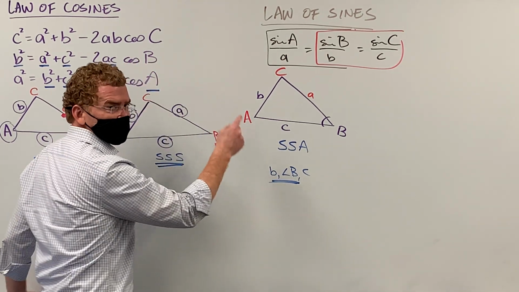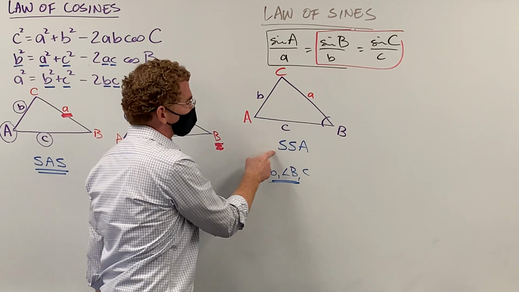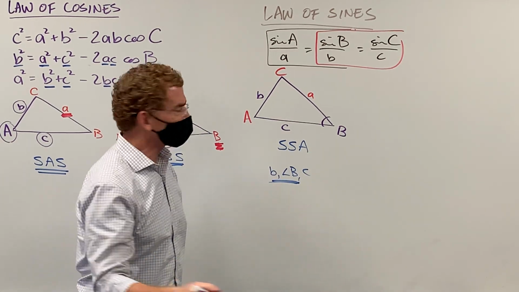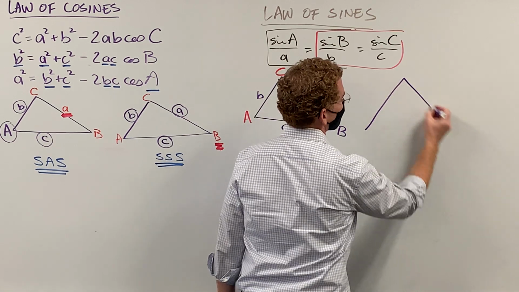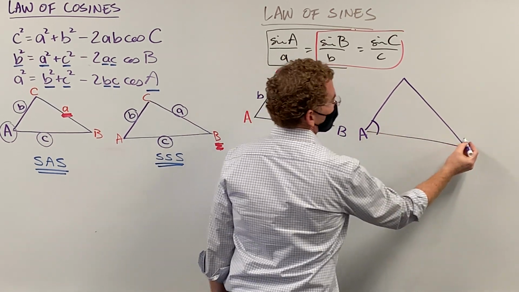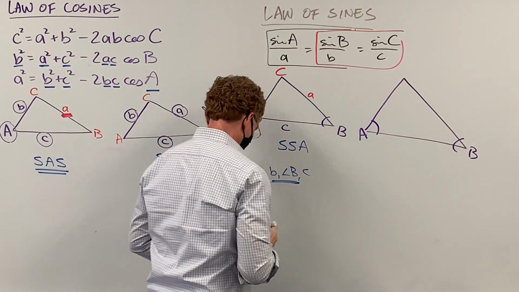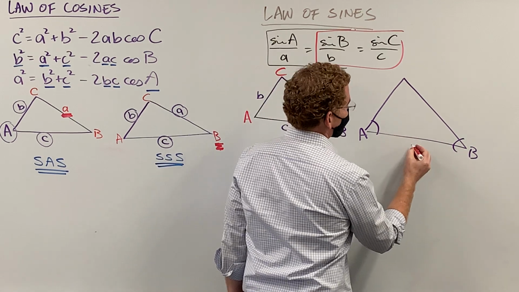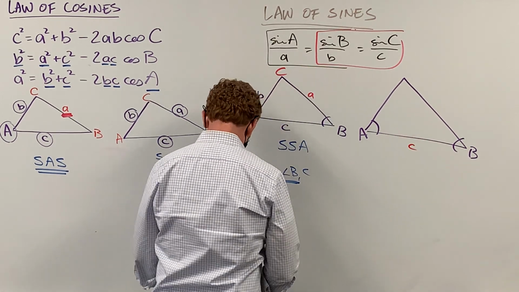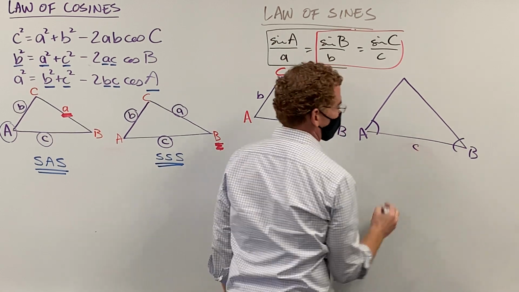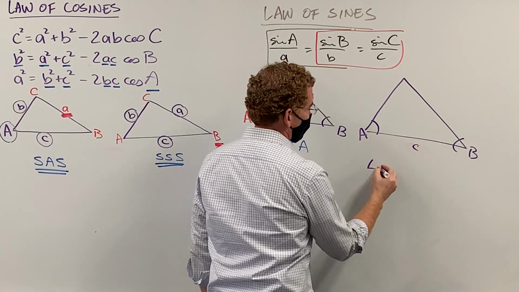Now, is there something else that would work with this other than side angle? Angle, side angle, or even, yeah, so if I had, say, angle A, say angle B, and really at this point, it doesn't matter which side. I could have this side right here.